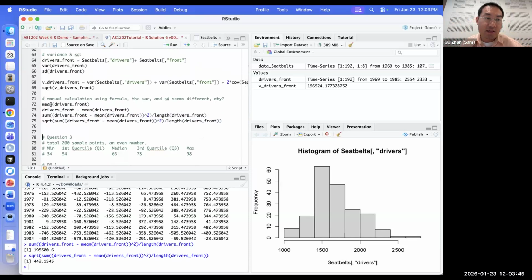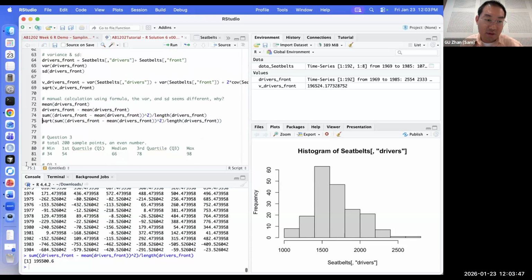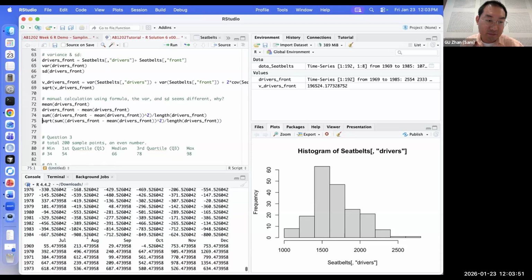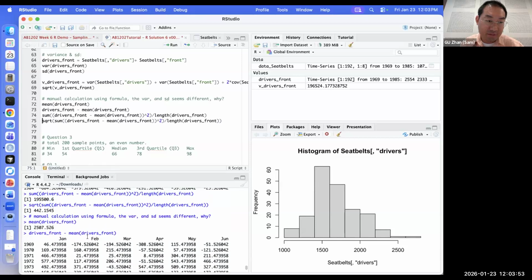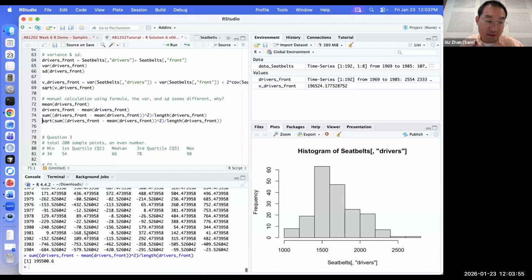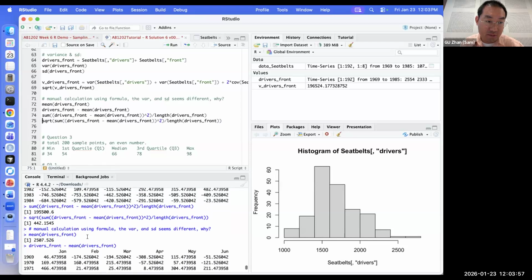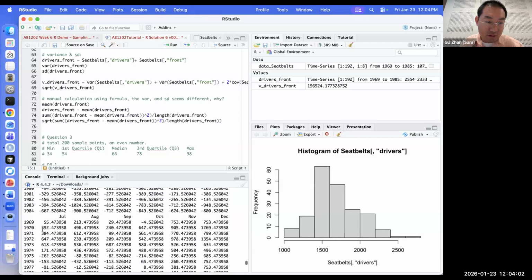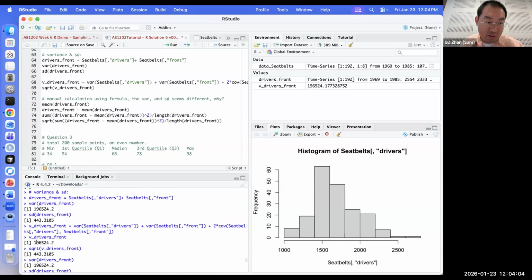If you treat it this way, you'll find that the variance is 1.5506, which is smaller than 19652.